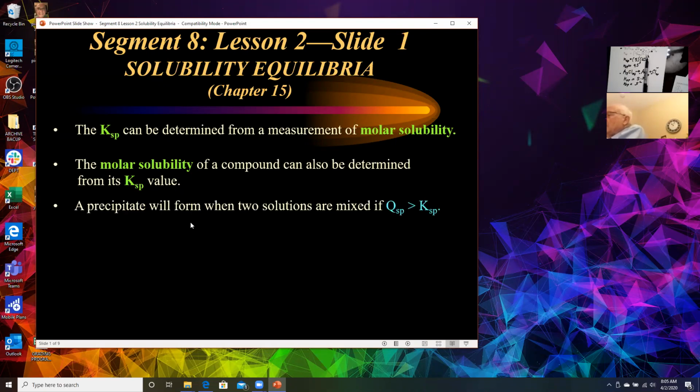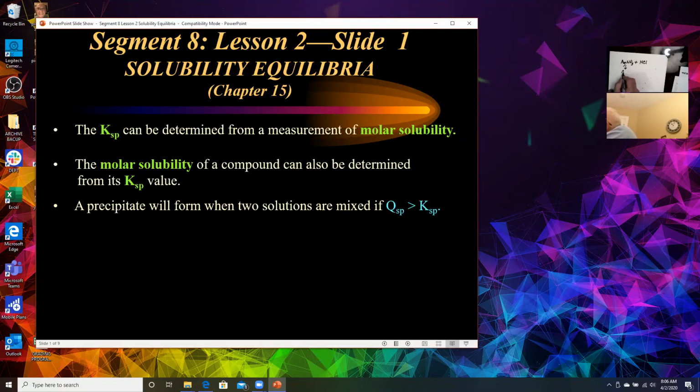Now, suppose I start mixing some ions together. For example, if I took silver nitrate and let's just add hydrochloric acid to it. Okay, what's going to happen is the ions do separate.